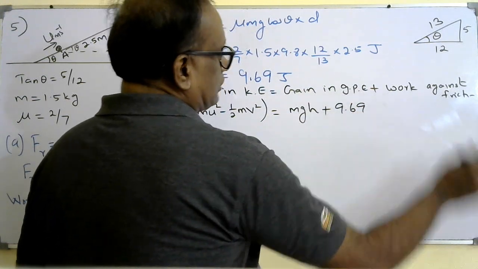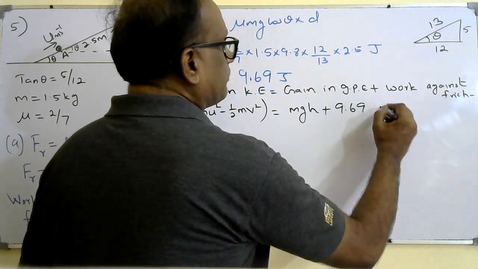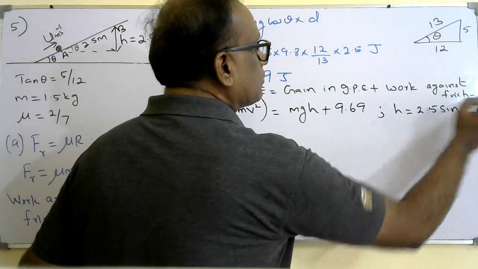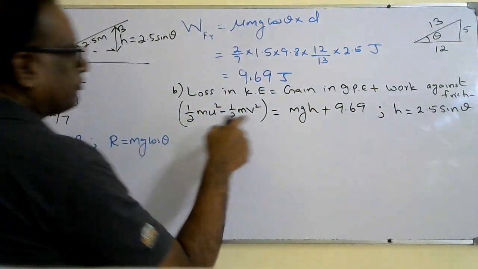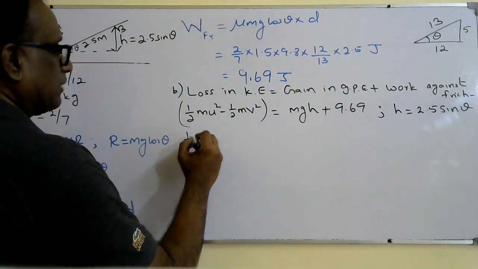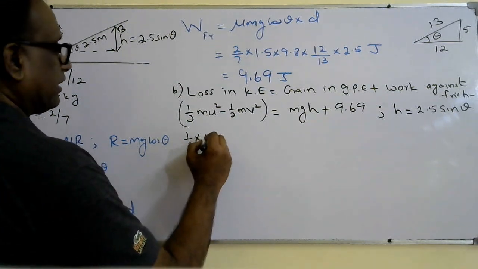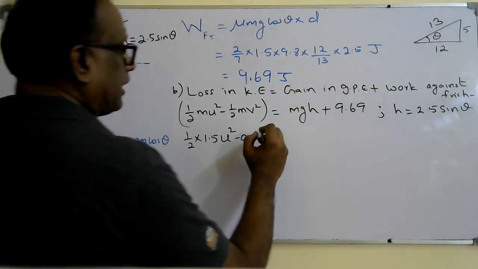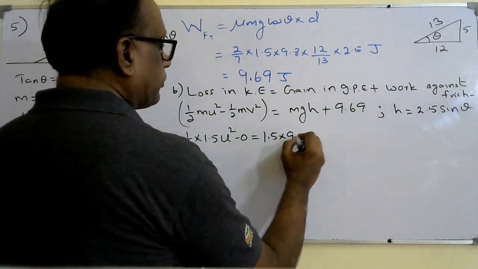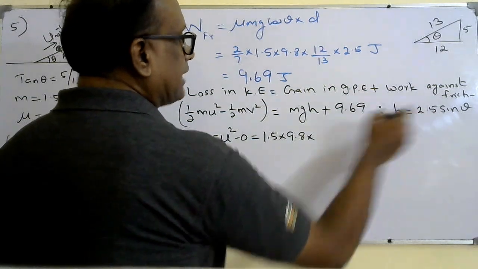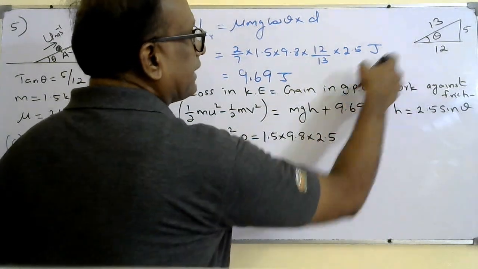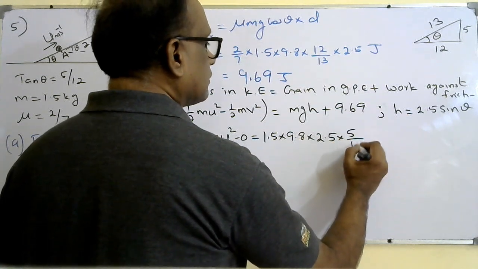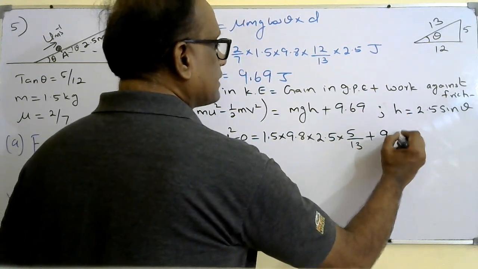We'll put the unit finally. I'll put h equal 2.5 sin theta and substitute that. So half, the mass is 1.5, u squared minus 0 is equal to mass 1.5 into 9.8, h means 2.5, sin theta equal 5 over 13, plus 9.69.